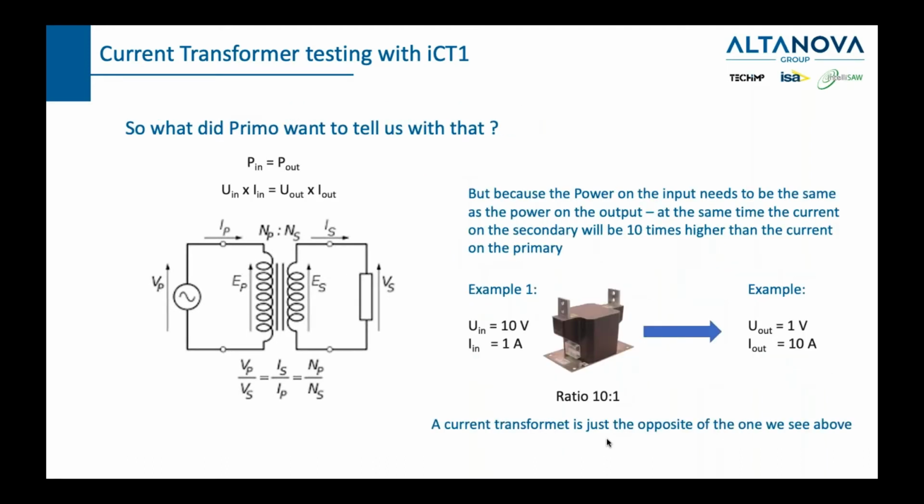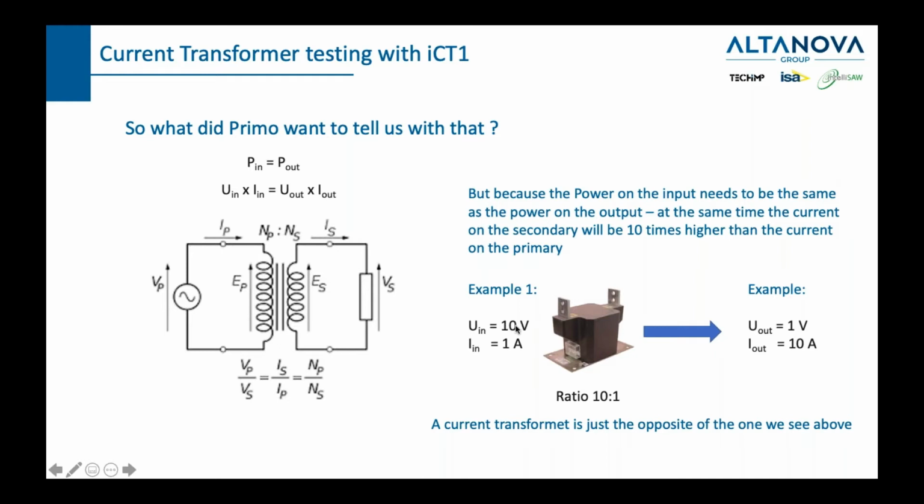Primo wanted us to understand that because the power on the input needs to be the same as the power on the output, the current on the secondary, if the voltage is 10 times lower, will be 10 times higher than the current on the primary. So let's take this first example, a simple one. We have a transformer which has a ratio 10-to-1.